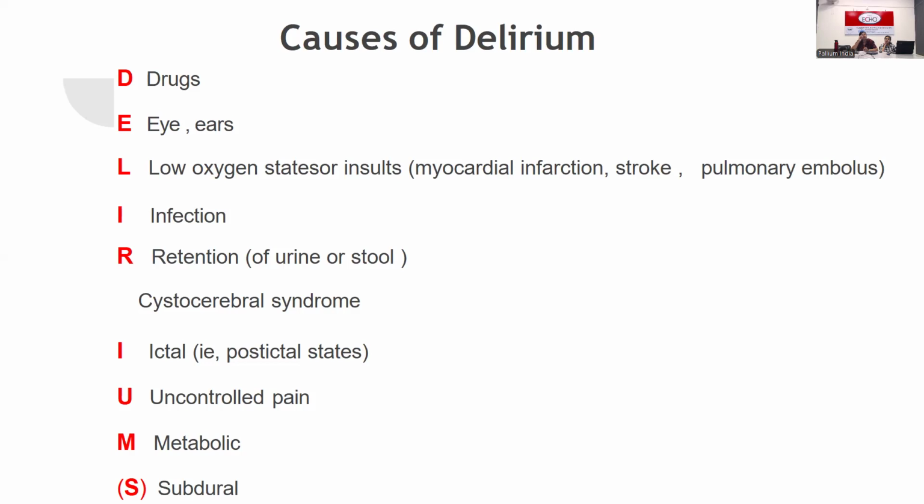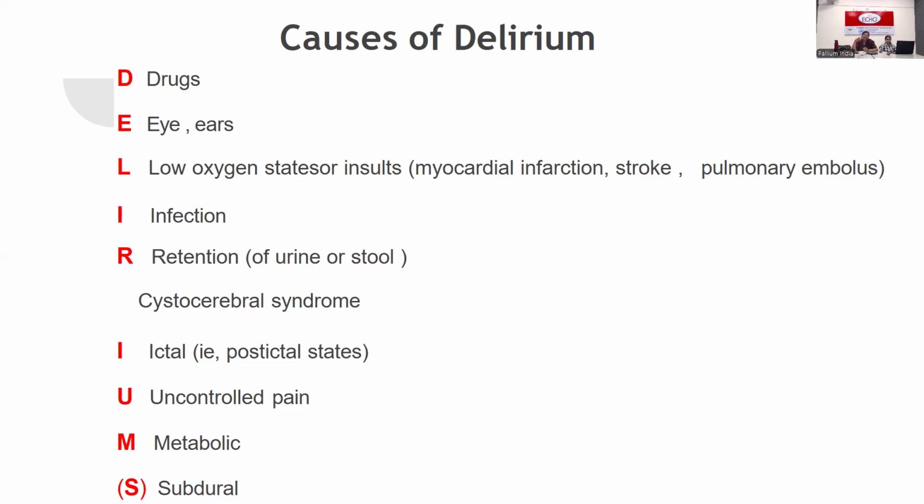Okay. And the mnemonic is DELIRIUM itself. For the causes of delirium, the mnemonic is DELIRIUM. Okay. This is made easy for you to understand. So E means eye and ears. Eye and ear means those with reduced vision and reduced hearing, these patients can have delirium.